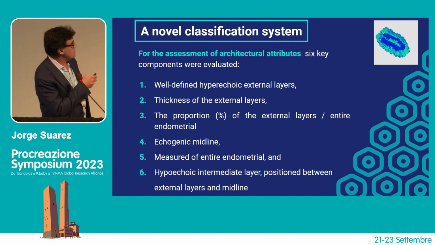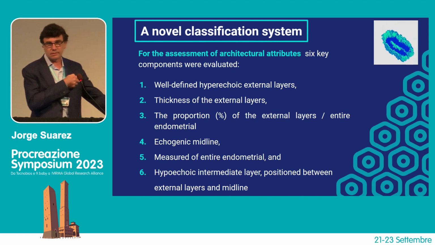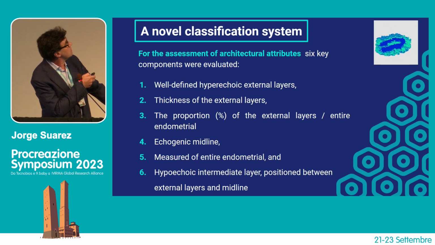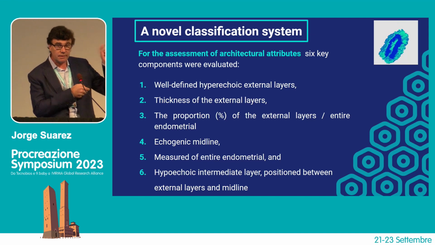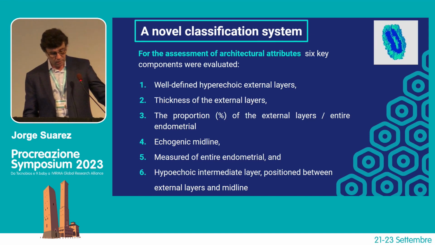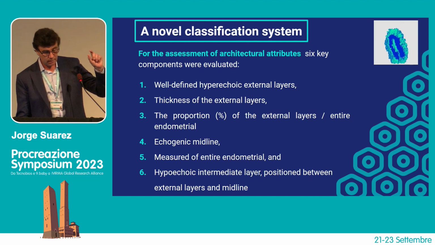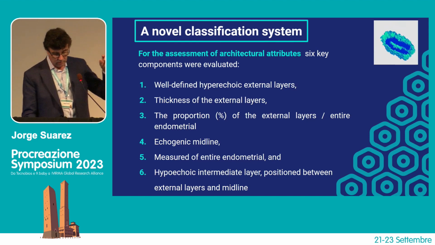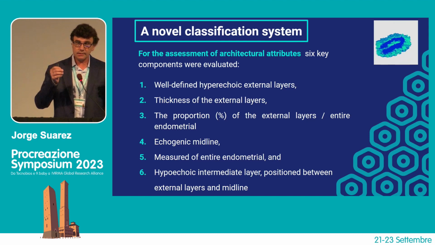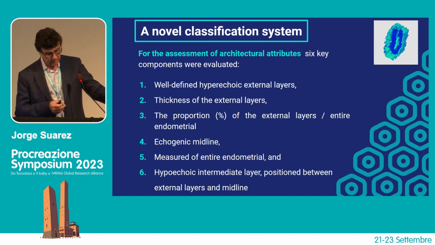We represent it with another color. We know that it's in gray scale, but in order to represent the external layer, I represent it with the light green, yes? The thickness of the external layers, and the most important thing is the proportion of the external layer relative to the entire endometrium.